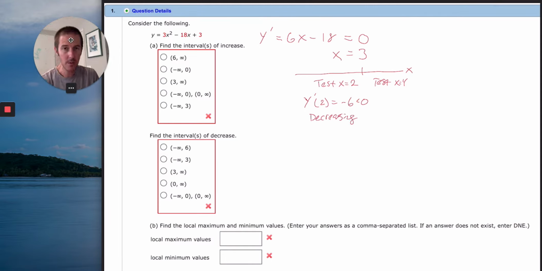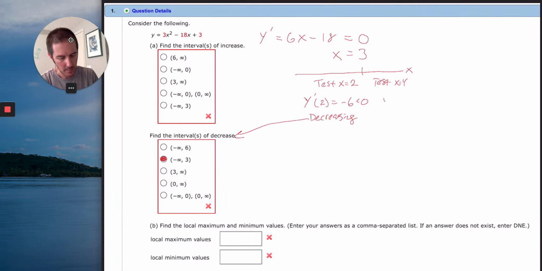It's decreasing to the left of x equals 3. Let's just go right to it. Decreasing is what the second part of part A is asking. Everything to the left of x equals positive 3, that means all the way down to negative infinity, or from negative infinity up to positive 3.